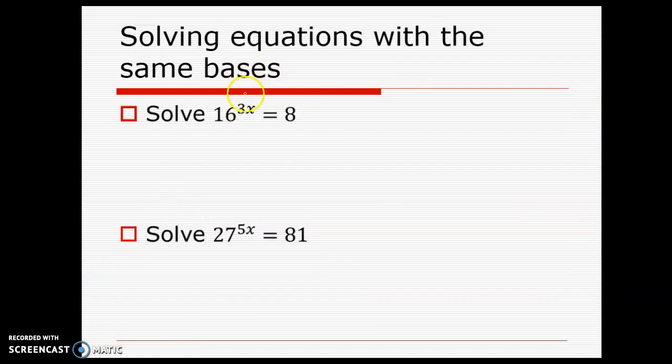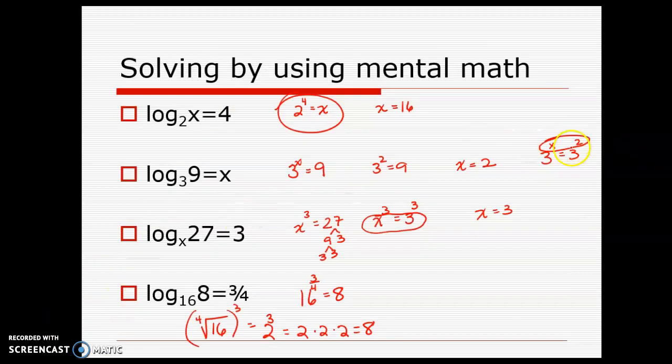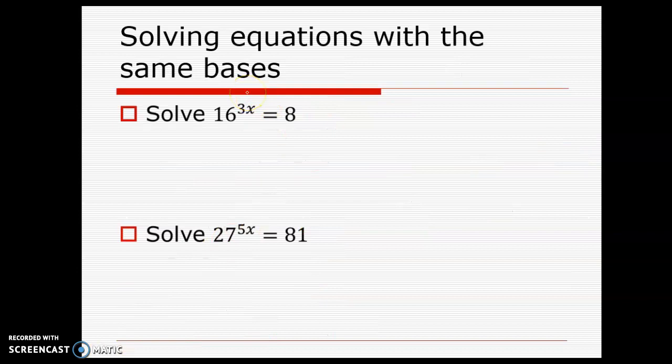Solving equations with the same bases. Well, this is just about breaking them down so that we've got the same base, and then we will make the exponents equal, just like we did here. So if they got the same base, your exponents better be equal. So right here you've got 16 to the 3x, and we know that is 2 to the 4th, because we just did it.